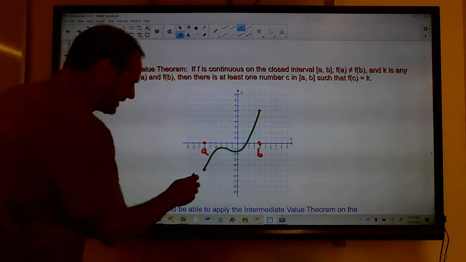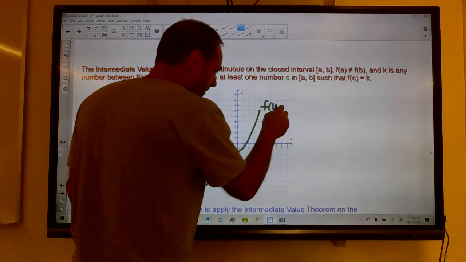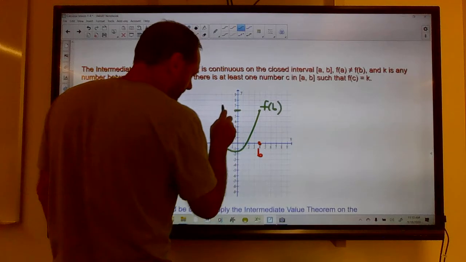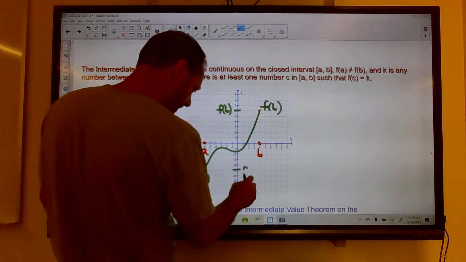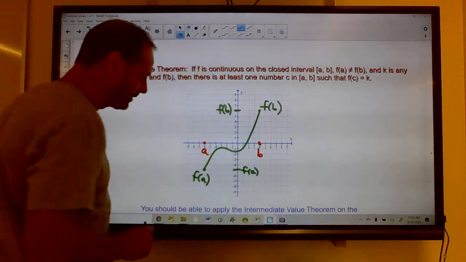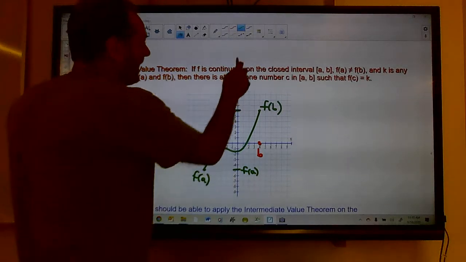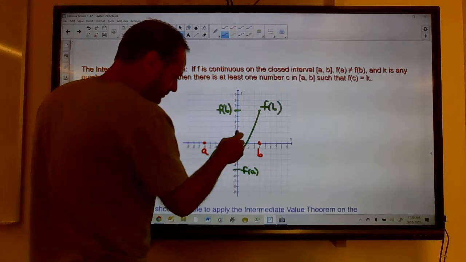Okay, so here's f of A. It is not equal to f of B. Here's f of B on the axis, and here's f of A. Now k is some number between f of A and f of B. It doesn't matter what it is, so we'll just put it right there.